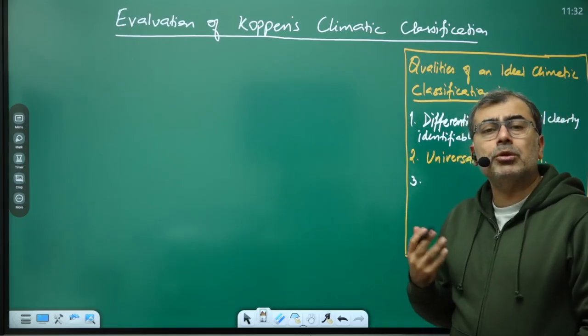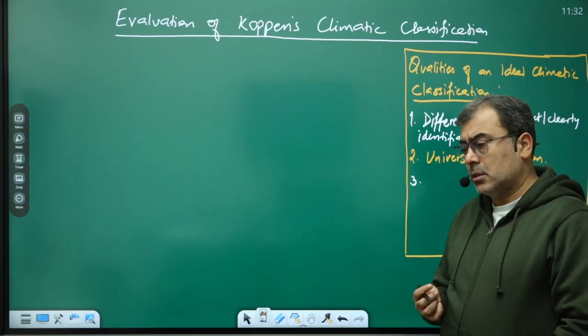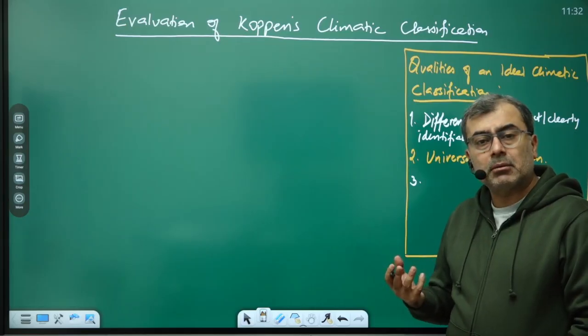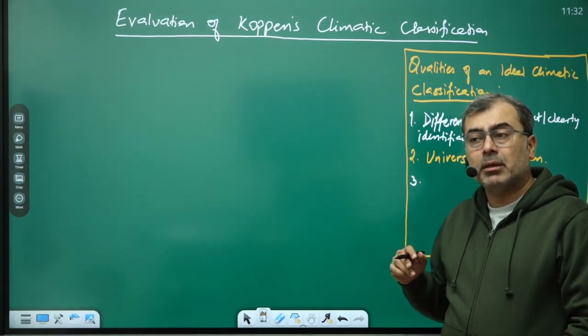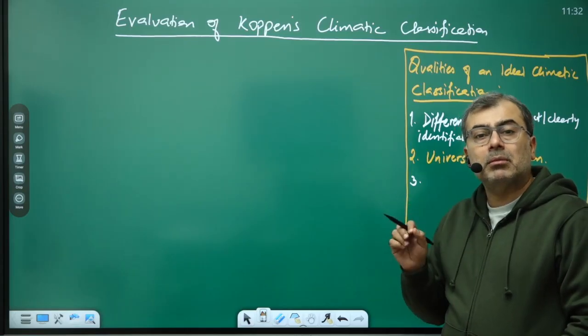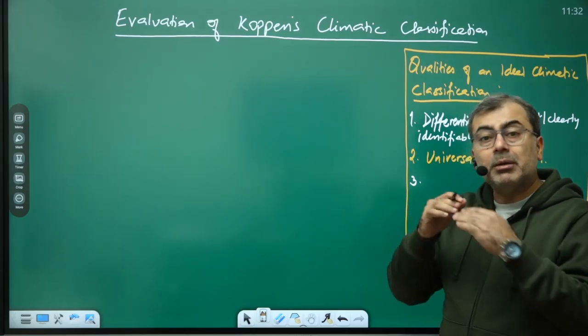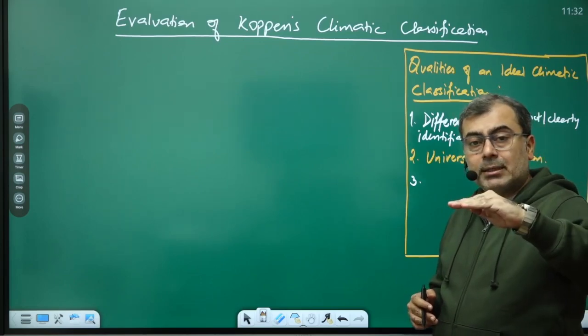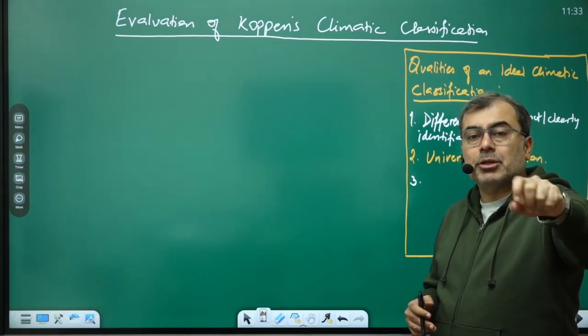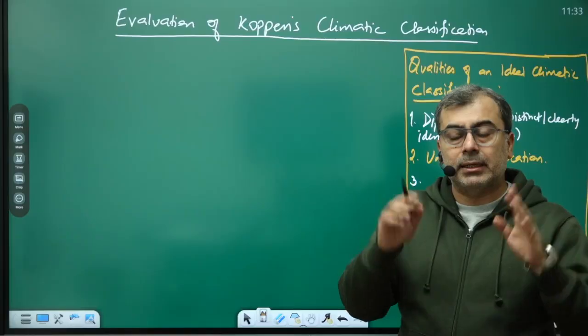Suppose some new development happens, some new phenomenon is happening, climate change is happening, a climate classification has been made, and I want to change some criteria or some limits on that. Up to 18 degrees Celsius, I said megatherms require 18 degrees Celsius, so I put 18 degrees.